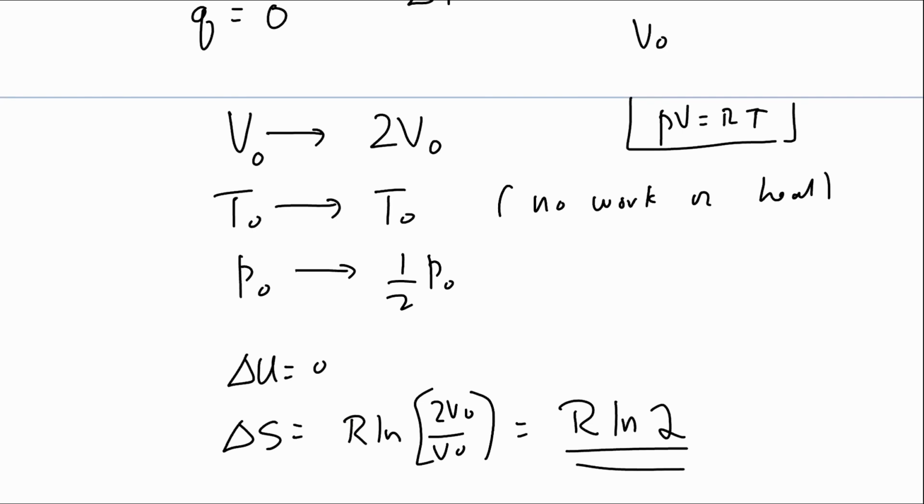I didn't ask you to calculate U, S, H and G for this. You have an example of doing exactly that same process, though, reversibly. If you do it irreversibly, isothermally, you get to the same final state.